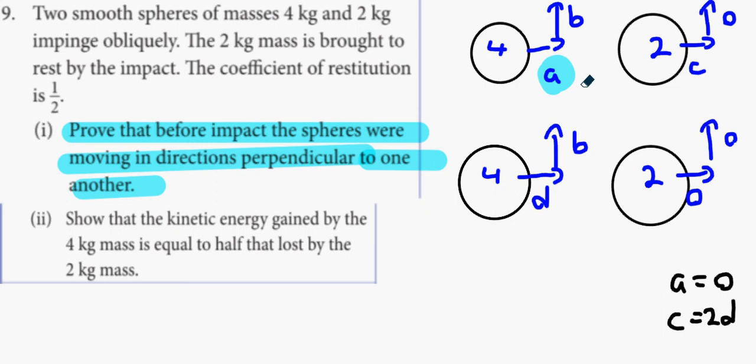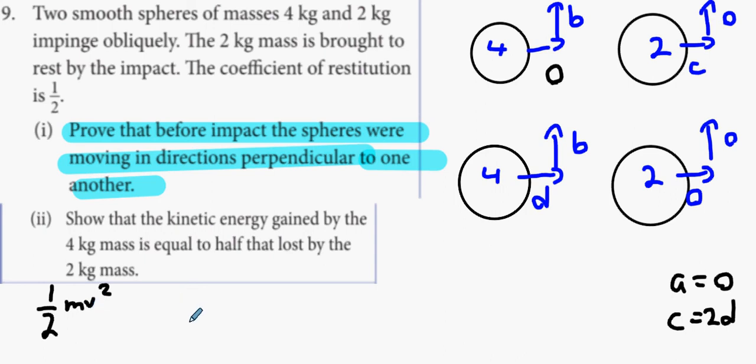We know that A is 0. So what's the kinetic energy gained by the 4 kilogram mass? Alright. Kinetic energy of the 4 kilogram particle before the collision. So half mv squared, yeah.